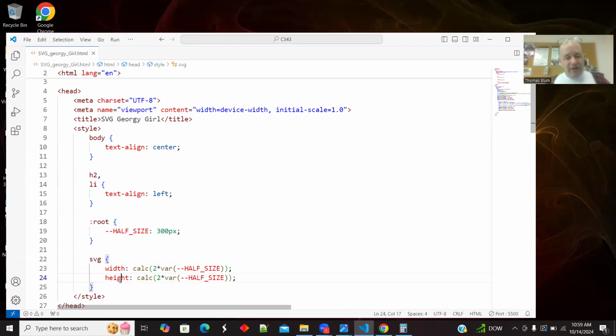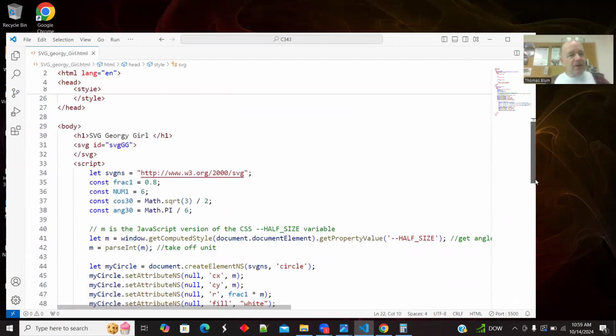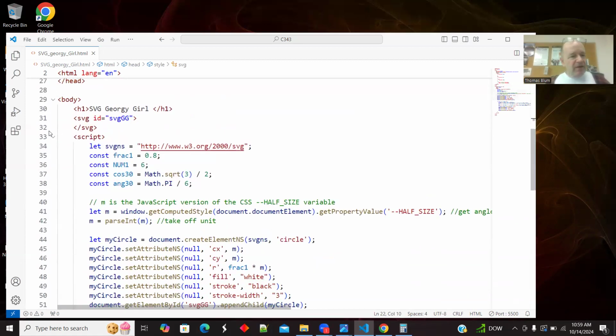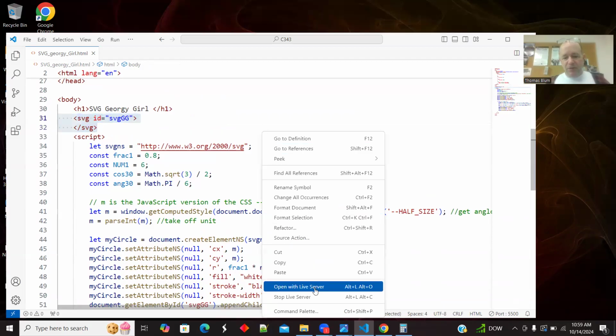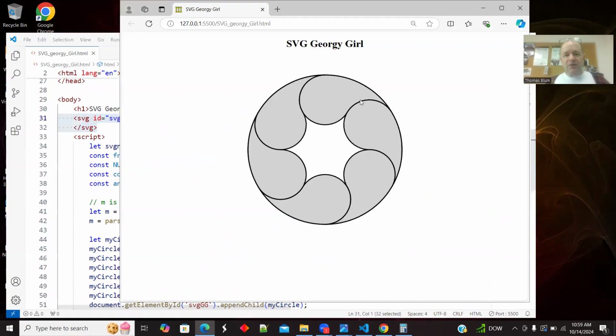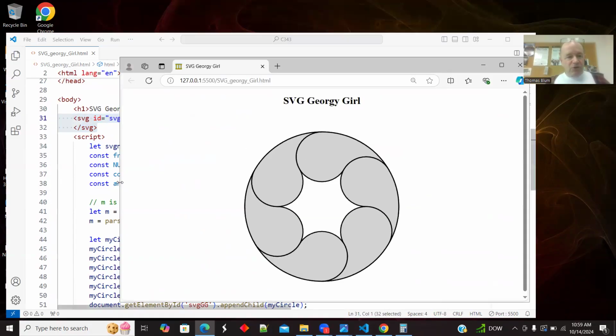And then my width and height of my SVG is twice that half size. Okay. And then there is an empty SVG. Let me run it here. And here is my Georgy Girl shape.